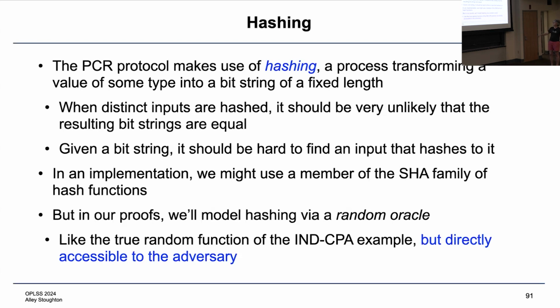But instead we're going to work in this pure world where we can use what's called a random oracle. This is just like the true random function, except the adversary also has access to it. If you think about the symmetric encryption example, the adversary didn't directly have access to it. But here, we're going to give the adversary, as well as the protocol parties, the ability to query this random oracle, this true random function.